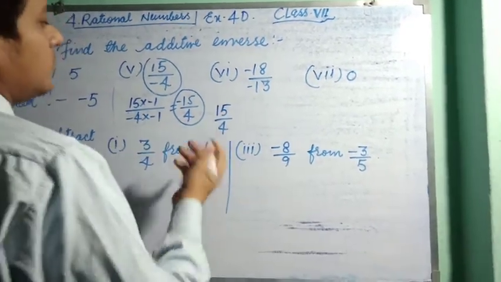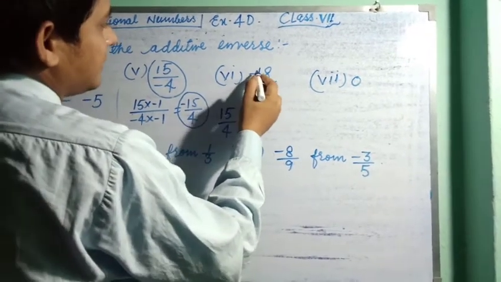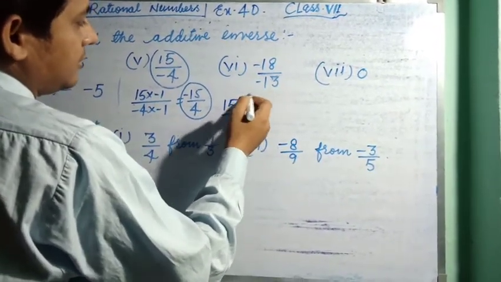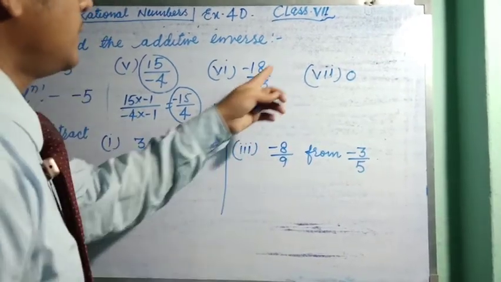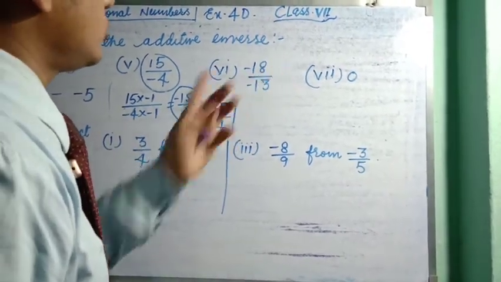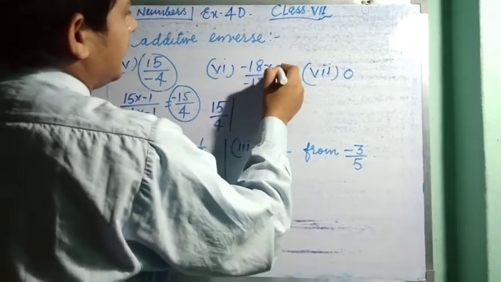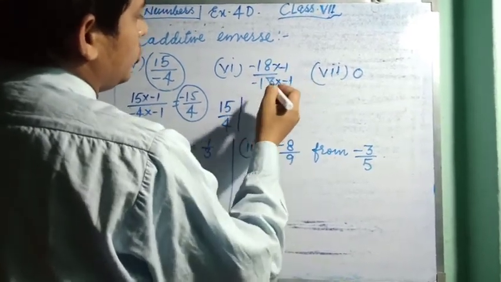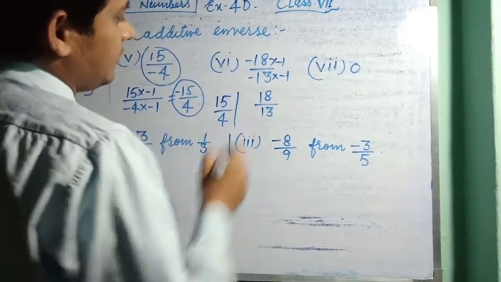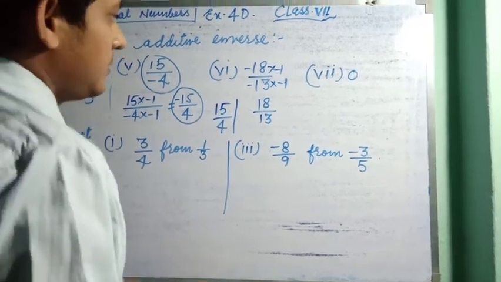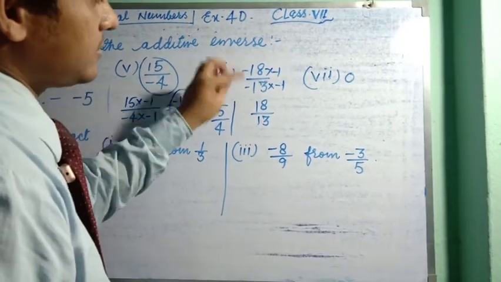Okay, now see, minus 18 by minus 13. Next we have to make the numerator and denominator positive as well. First of all multiply minus 1 in numerator and denominator. This will give 18 by 13, or rather we can cancel minus and minus, 18 by 13.